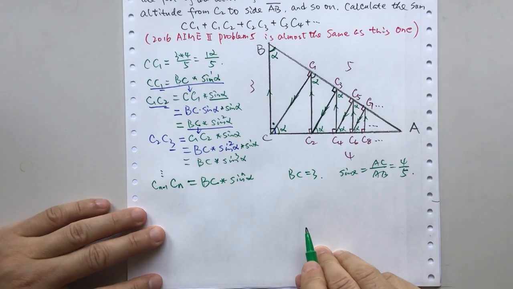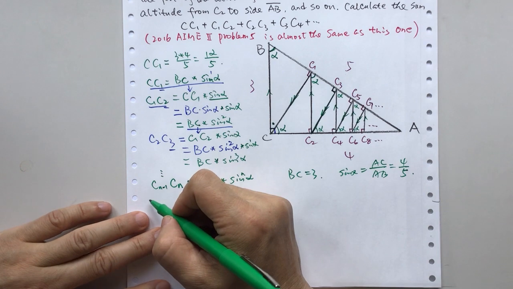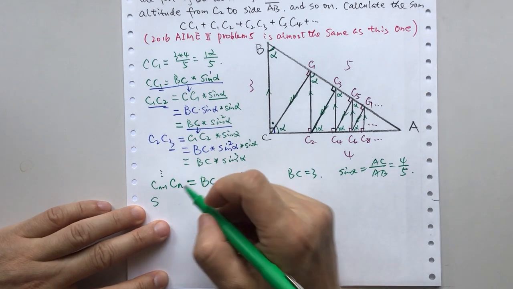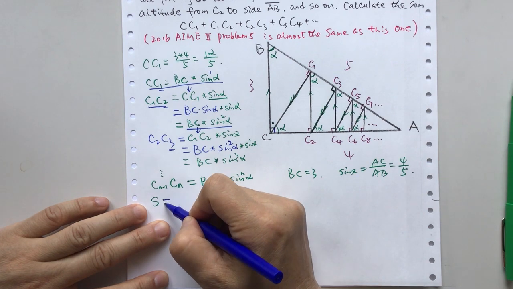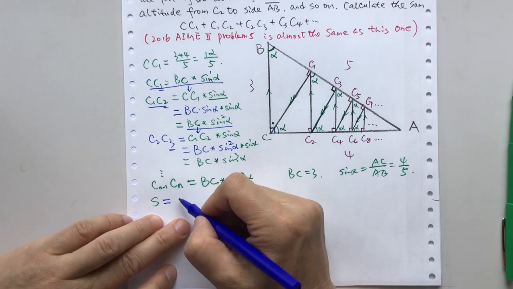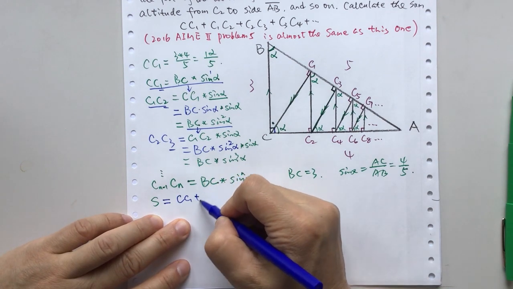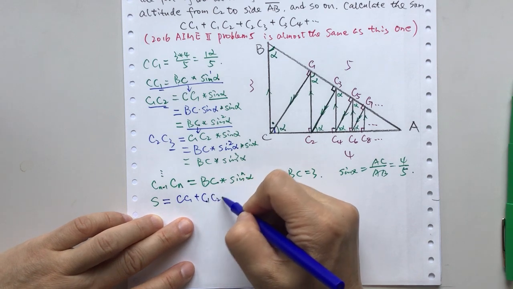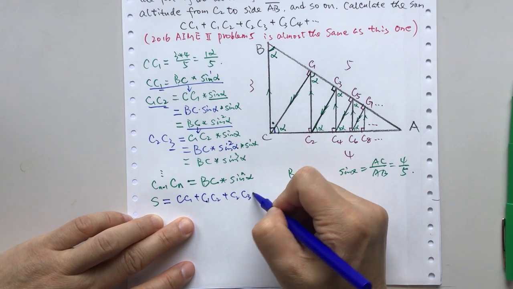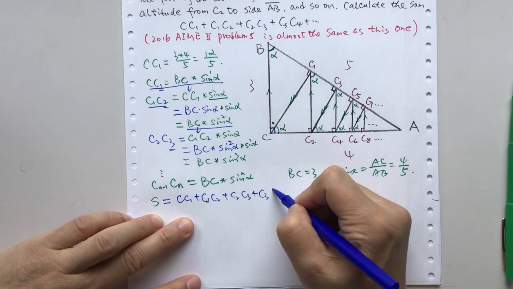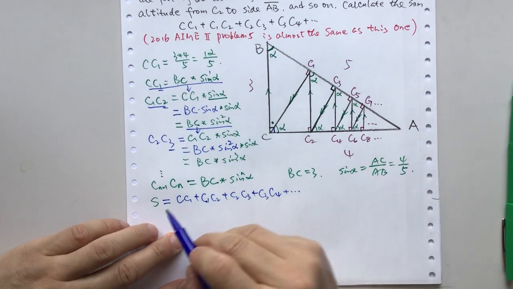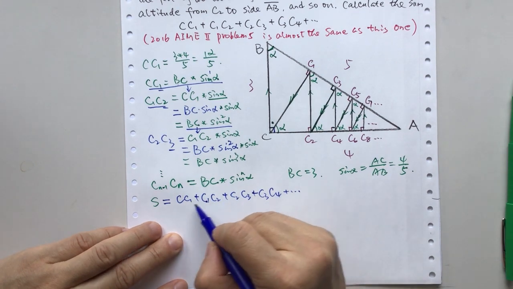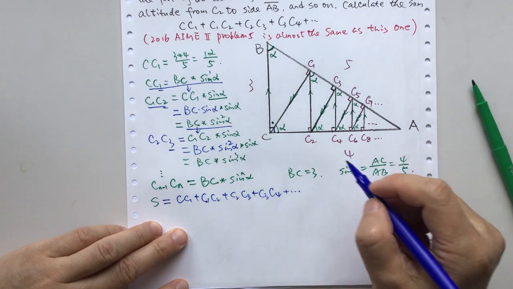Now we can calculate the sum of them. If I use S to represent the sum we wanted to find, so S equals C1 plus C1C2 plus C2C3 plus C3C4. And so then, because we know the common ratio is sine alpha, right?